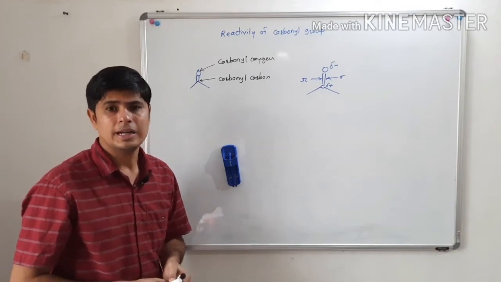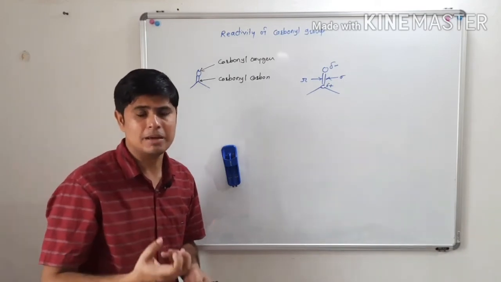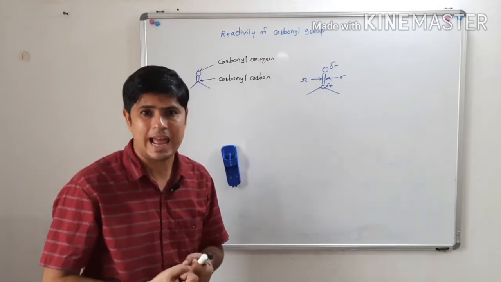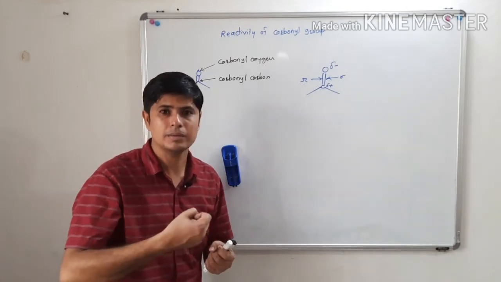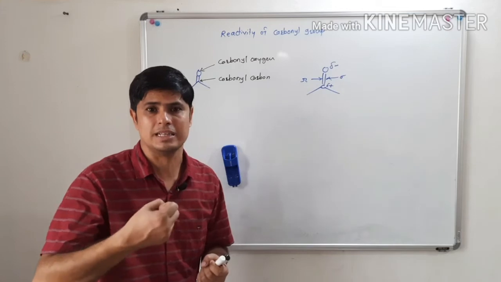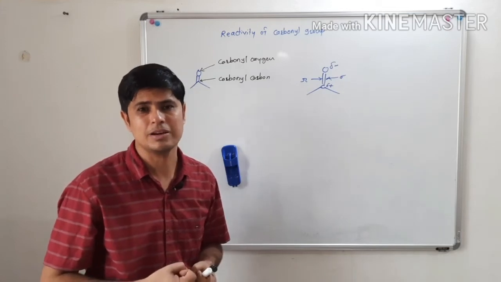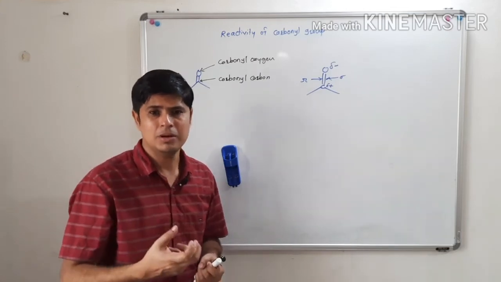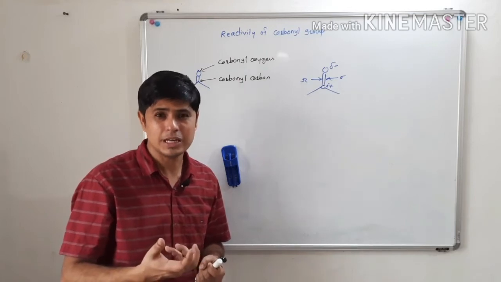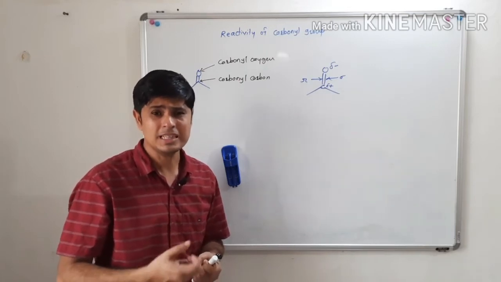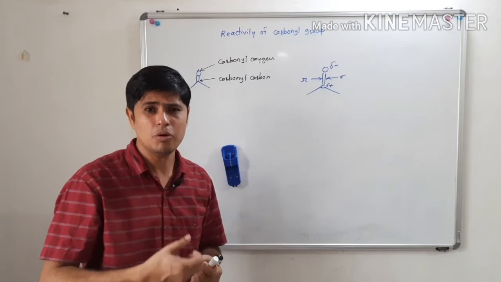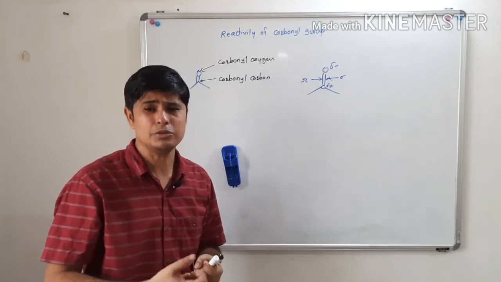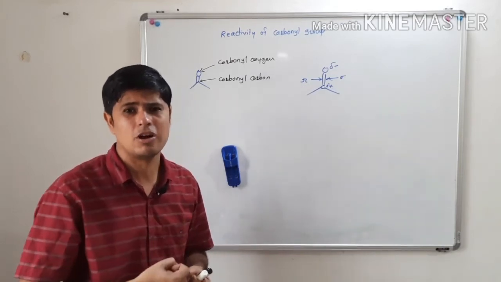An atom or element that is electronegative has more ability, more capacity, to attract or pull the bonding pair of electrons towards itself.